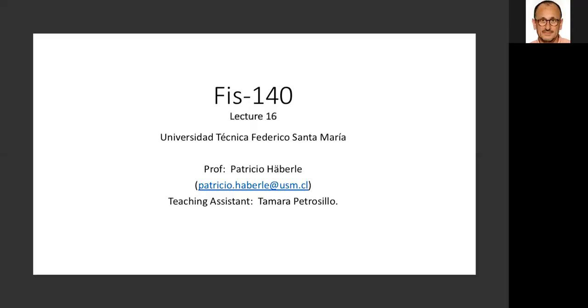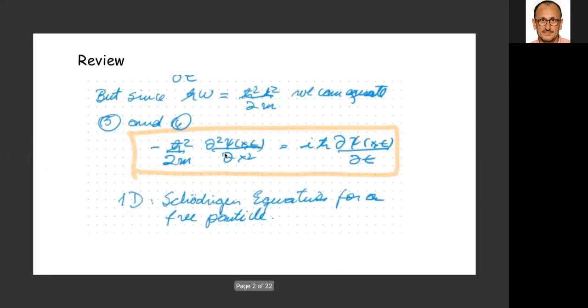Let's go. So this is lecture 16 of our course, Physics 140, and this is the main review of what we had before, meaning the last class we introduced the Schrödinger equation in one dimension.